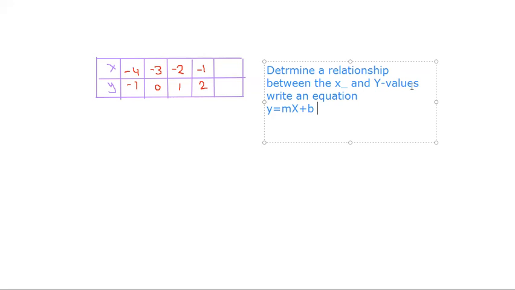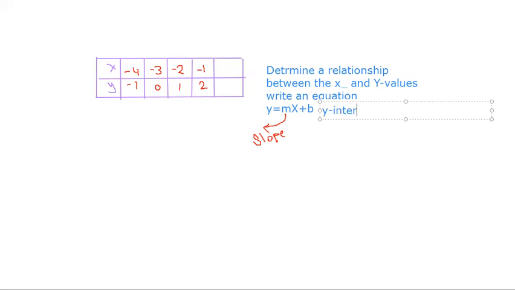And you have to remember also that m denotes the slope, and b denotes the y-intercept.